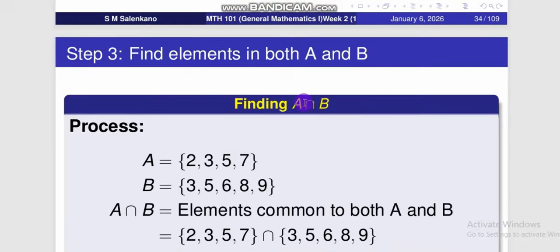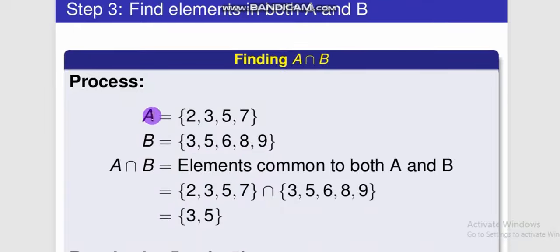Now finding A intersection B. This is the set of elements here that are in A, and this is the set of elements that are in B. Now A intersection B means elements common to both A and B. So I will bring set A, look at set A here, I bring it here, intersection, I will now bring set B. You see, this is set B. So what do they have in common?